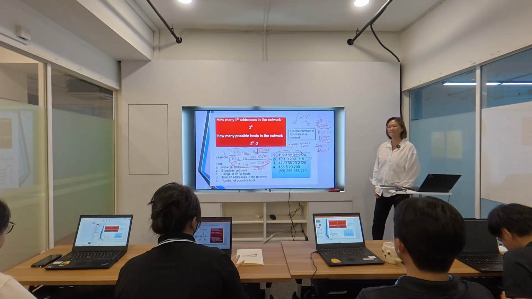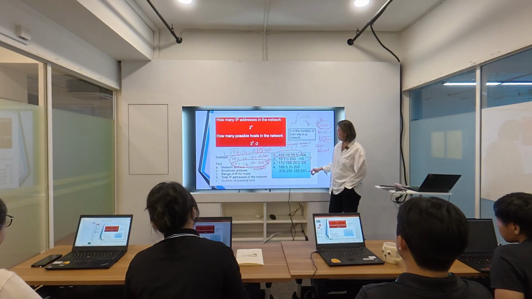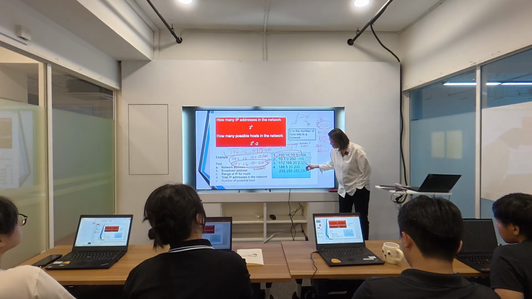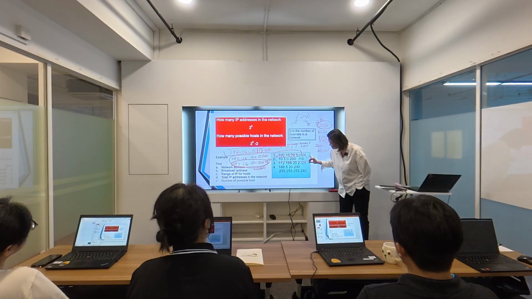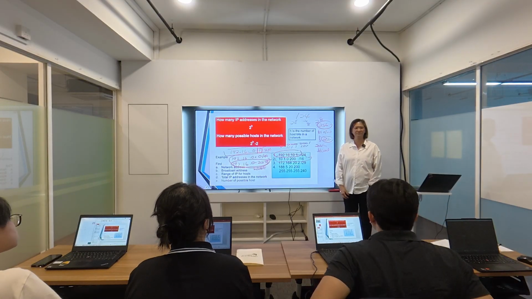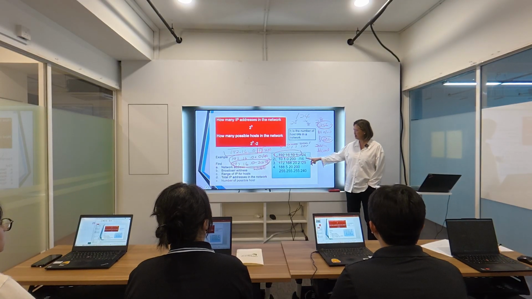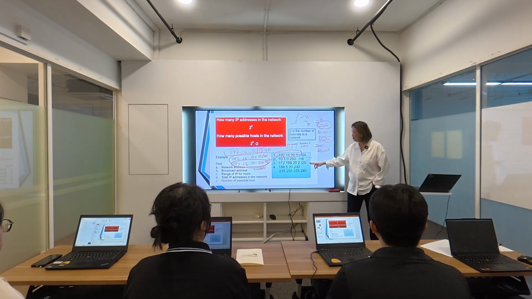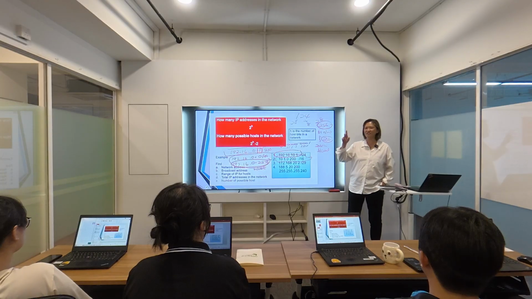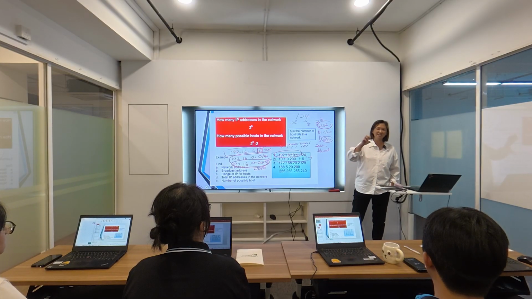Let me ask you, is a /29 network larger than /16, or is /16 larger than /29? Which network is larger? 16 is larger. Which means when your mask is longer, your network is smaller.